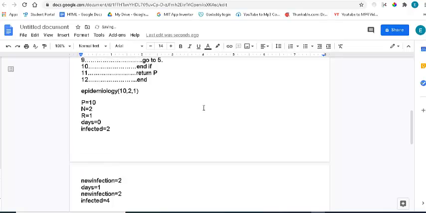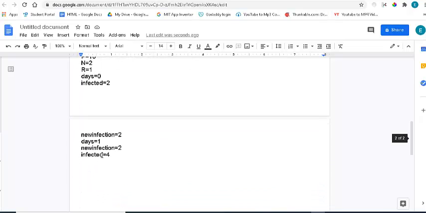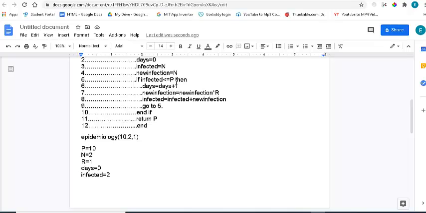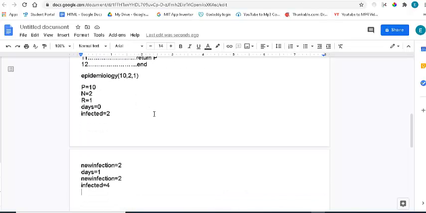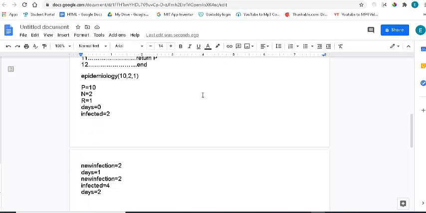Now it goes to the top. It checks, is infected less than or equal to 10? You can see infected 4 is less than or equal to 10. That's right. Then it's going to come down and it's going to increment days. So days becomes 2. New infection becomes the previous new infection times r.